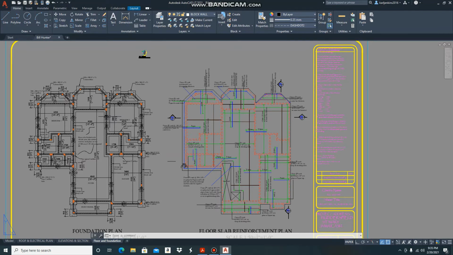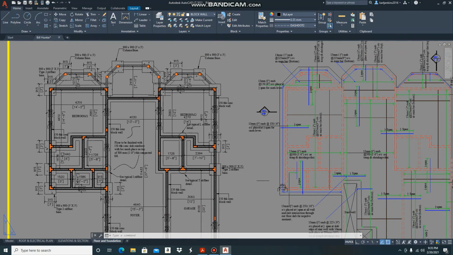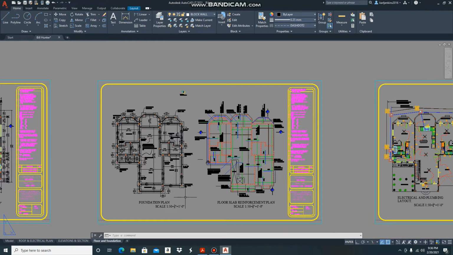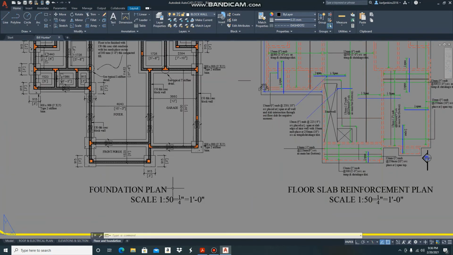Another point to note is that when you are finished studying your foundation as it relates to the width and the length, the dimensions of your floor plan, and the placement and location of stiffeners, you know what I mean, your scale and all that.